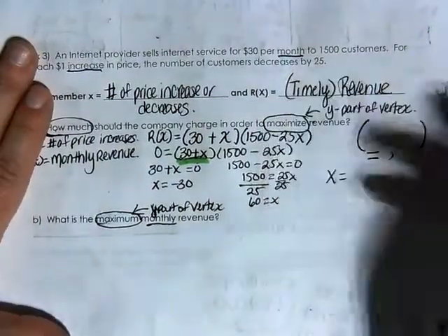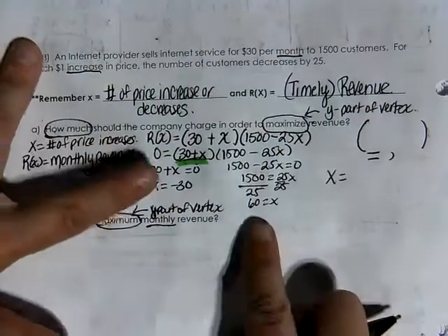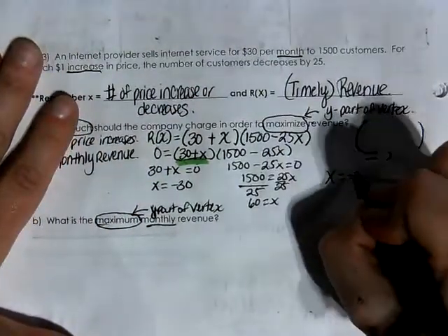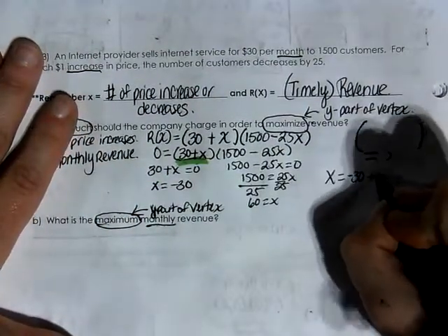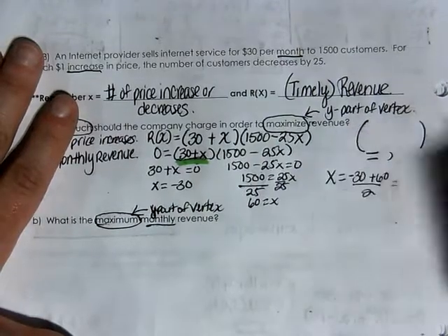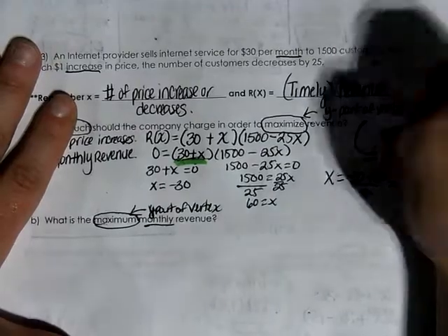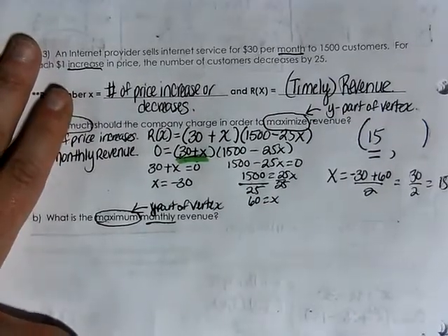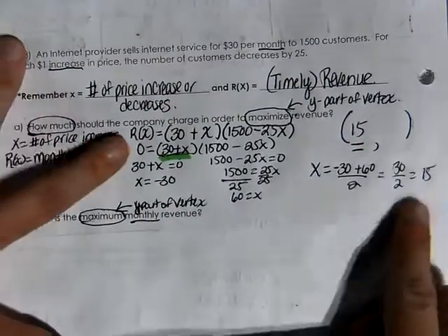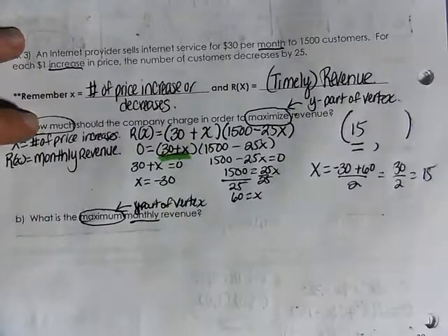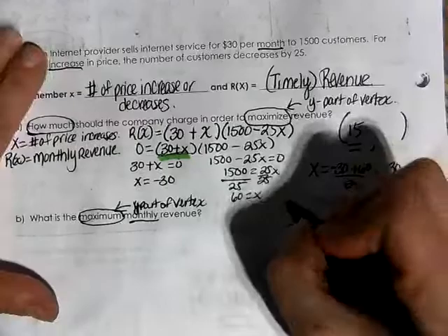So now, in order for us to find the x part of our vertex, we need to average our x-intercepts. That's negative 30 plus 60 divided by 2. That is going to be 30 divided by 2, which is 15. So the x part of our vertex is 15, and we're going to use that 15 to find how much the company should charge in order to maximize revenue.